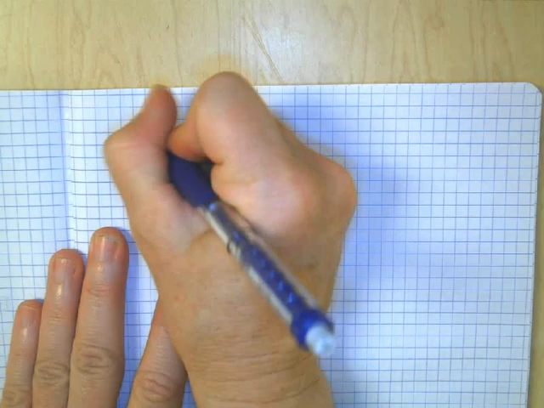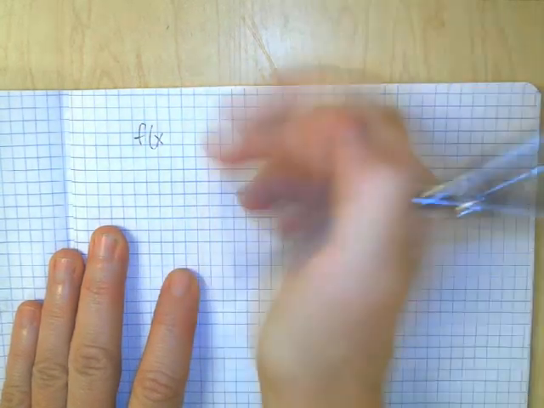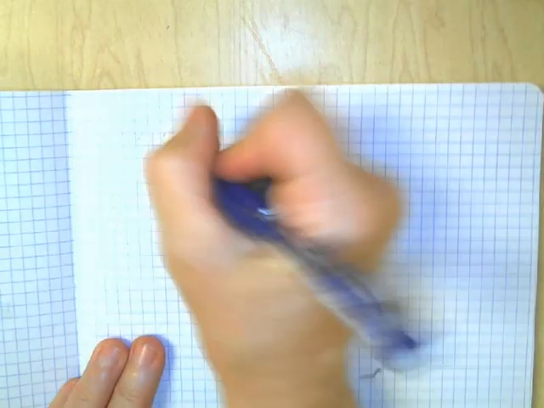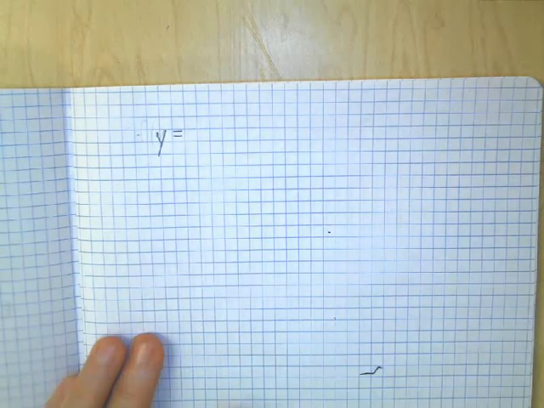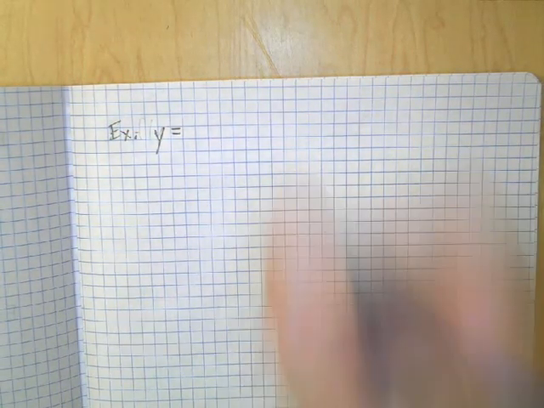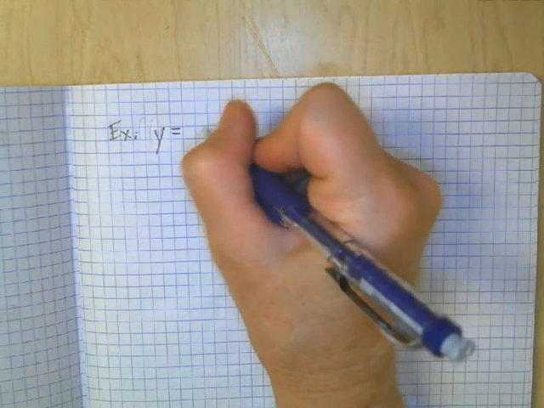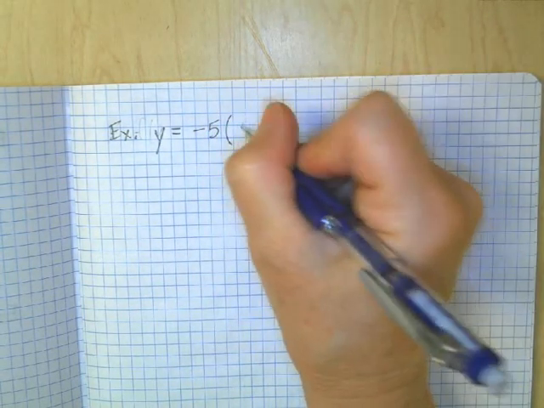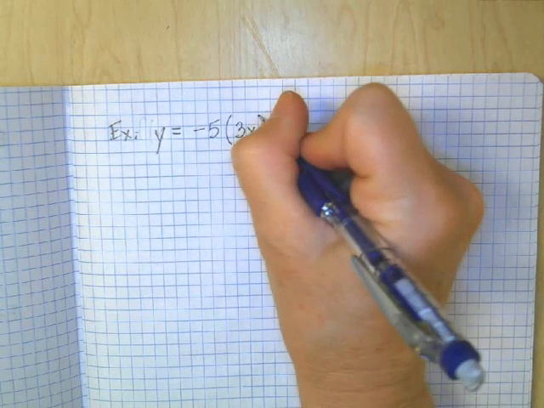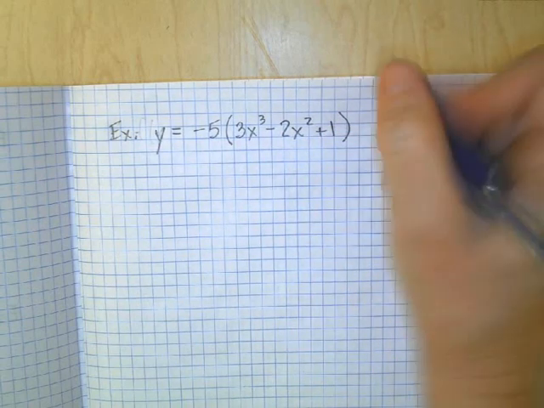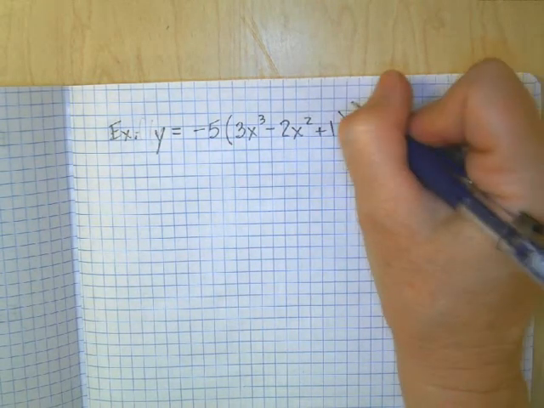So let's say f of x. Actually, I'll make it y. I think it's easier to do U substitution with y equals. So another example: let's say I have y equals negative 5 times (3x cubed minus 2x squared plus 1) raised to the 3rd power.